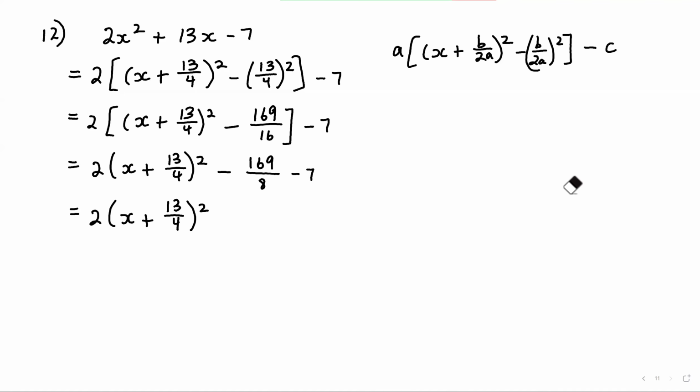Got it? I got negative 21 and 1 over 8. 28 and 1 over 8. Minus 169 over 8, take away 7. Try again. Or you could type negative 7, take away 169 over 8. Yes, miss, I got it.